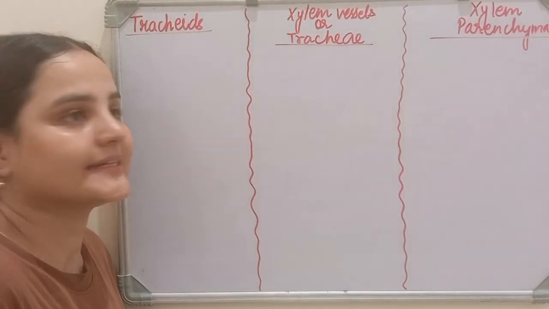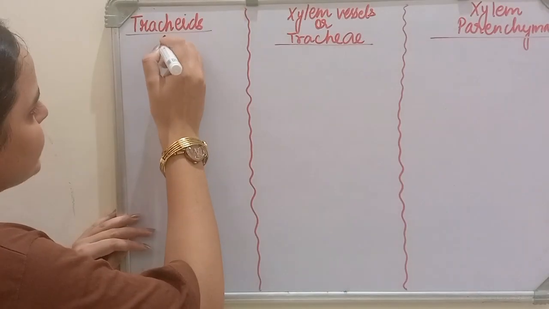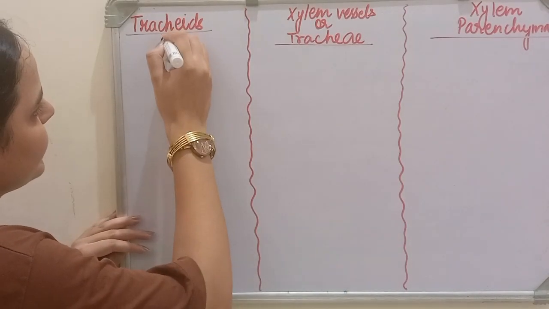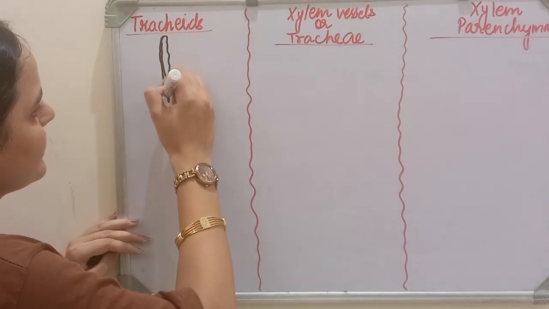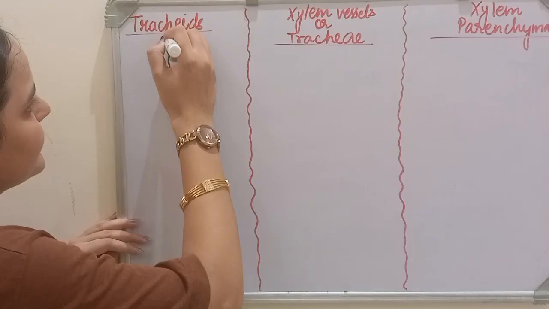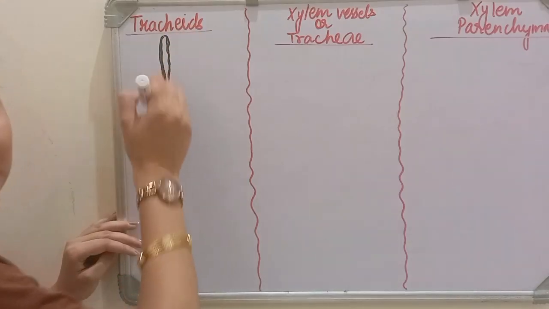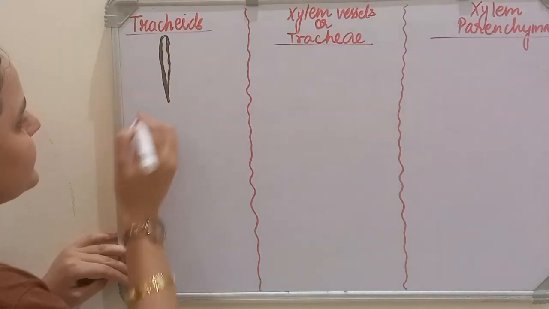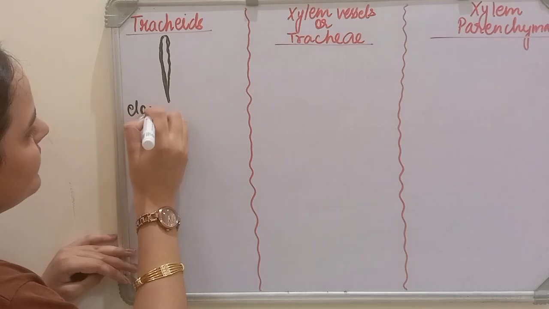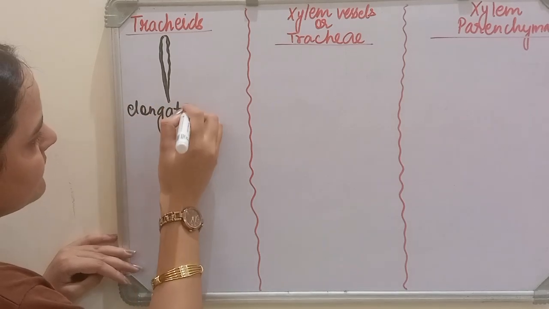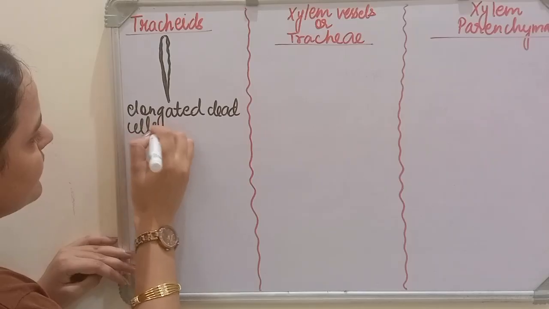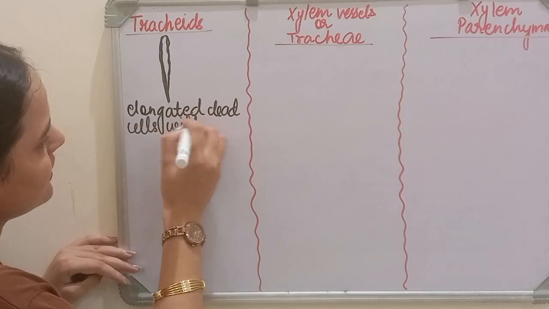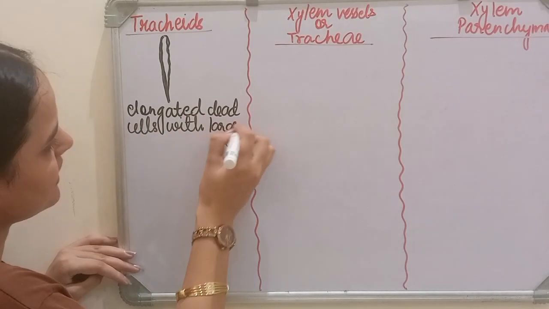Let's draw tracheids. So tracheids are elongated dead cells, okay, with large air cavities without any content. So this is a tracheid. So tracheids are elongated dead cells with large cavities.